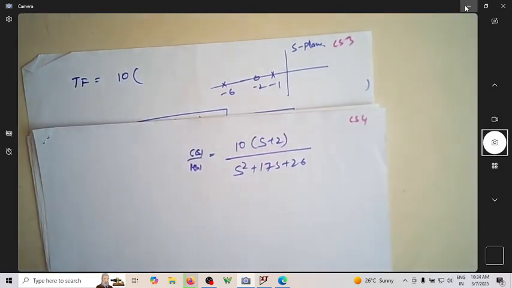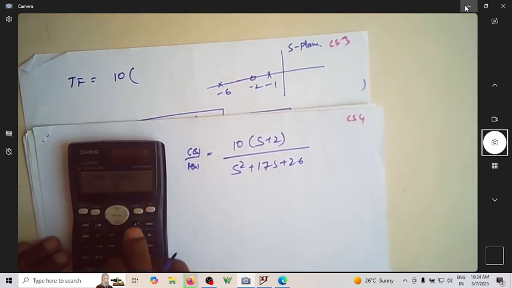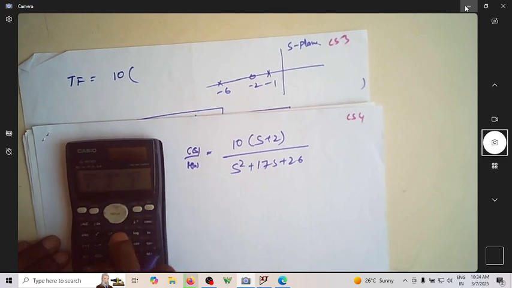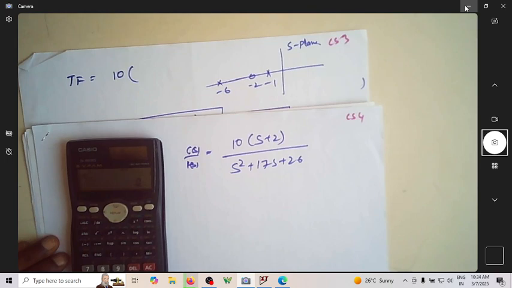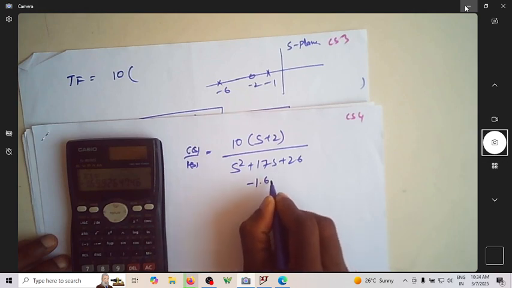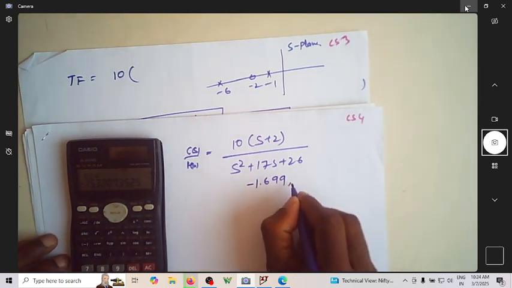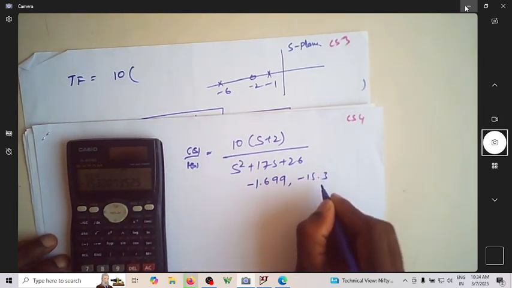Because it is quadratic, it is easy to find the roots. The coefficients are 1, 17, 26, and the roots are minus 1.699 and minus 15.30.